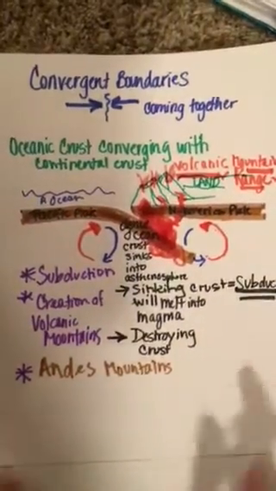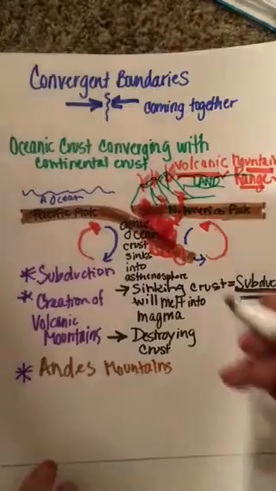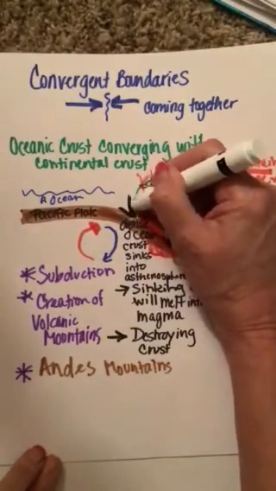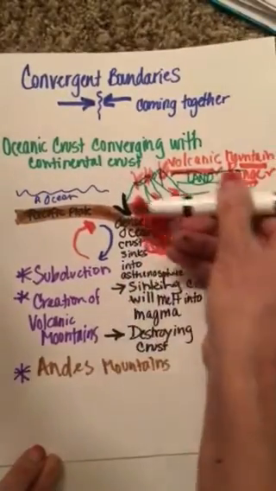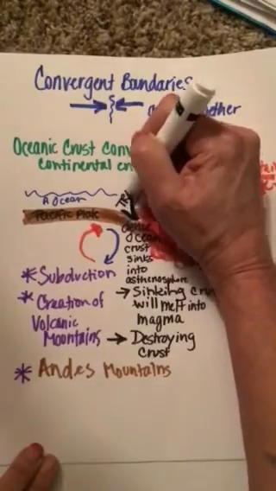Okay. One other thing that's being created that is hard to see on this image, but you might hear or be asked about, is right along here where these two slabs meet, and one is being subducted and the other one just keeps coming. This is also called a trench.